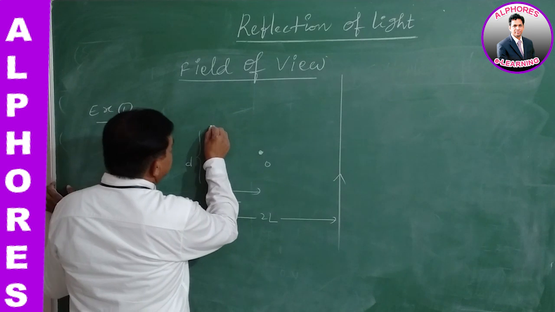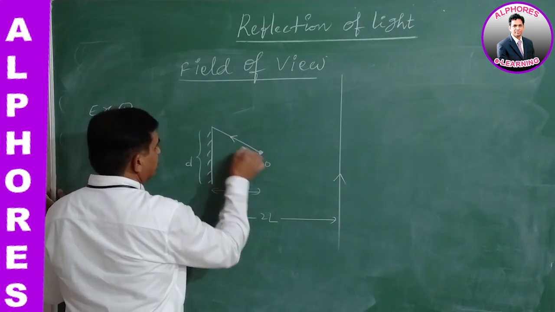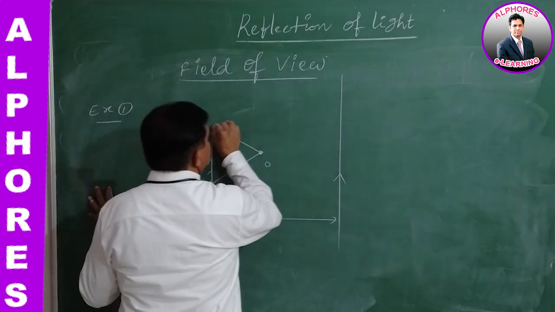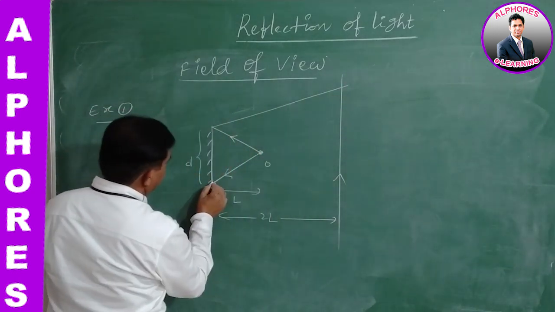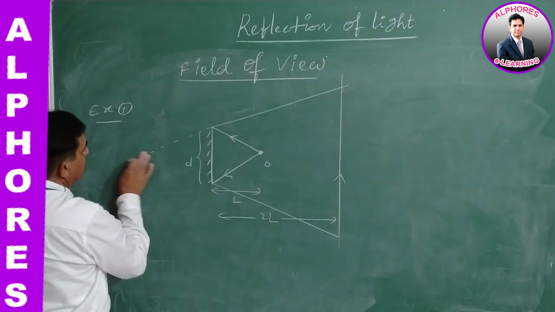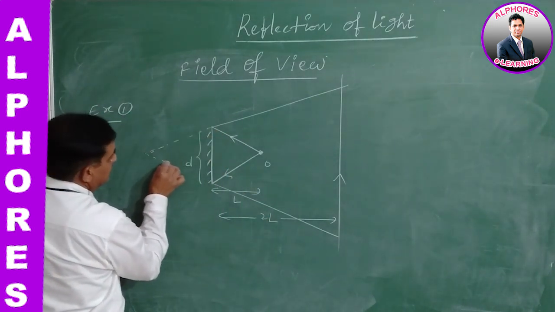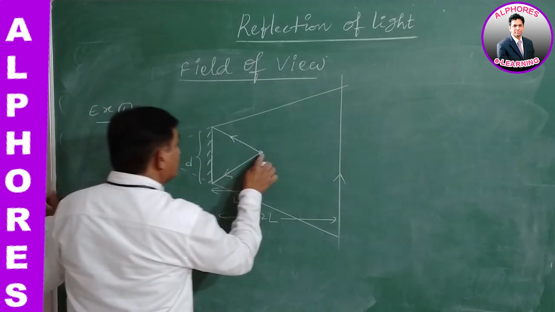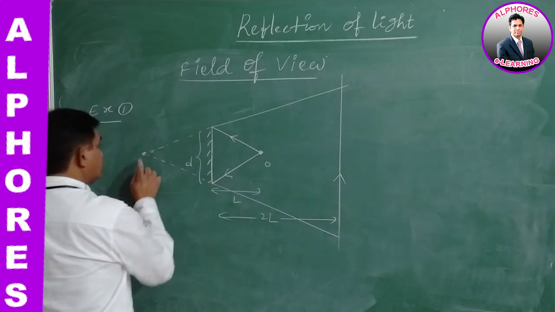See, the light incident on this mirror undergoes reflection. Extending them, you will get the image over here, a virtual image. The distance of the object L is equal to the distance of the image.